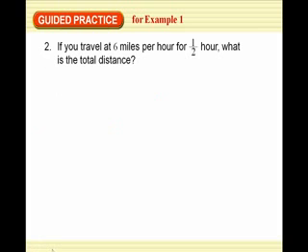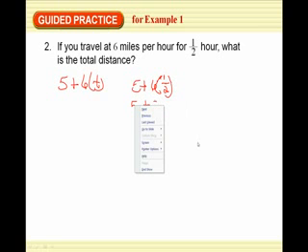What if we travel 6 miles per hour for a half an hour? What's the total distance? Same deal. We're going to go 5 plus 6 times t. No big deal on the fraction. 5 plus 6 times a half. Okay, we take half, and when you use the word of, what's half of 6, which is 3? My pen's acting up again.